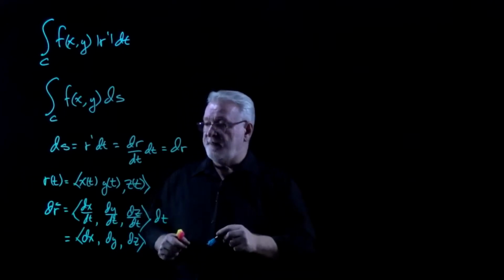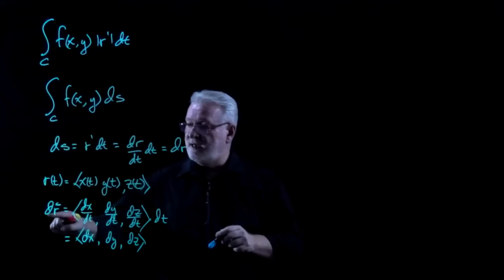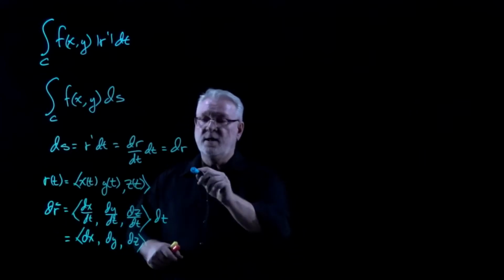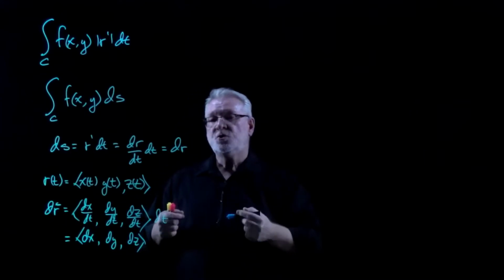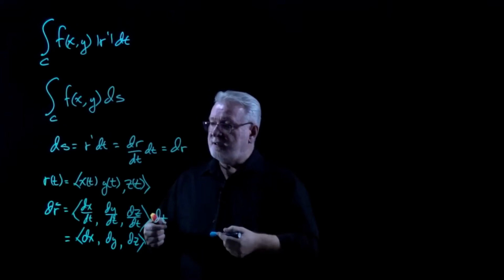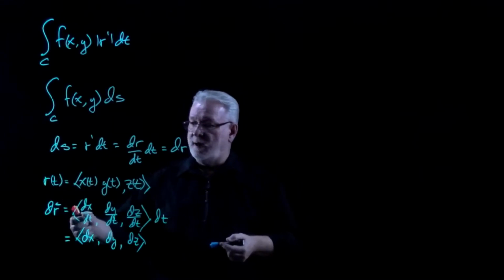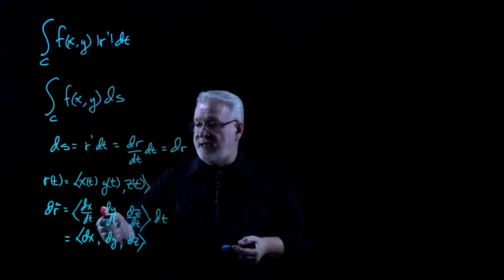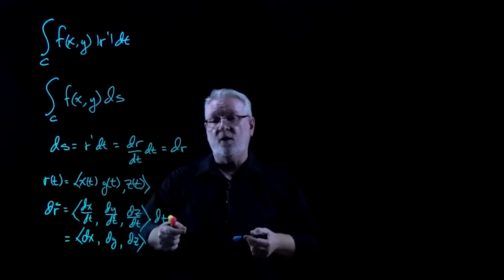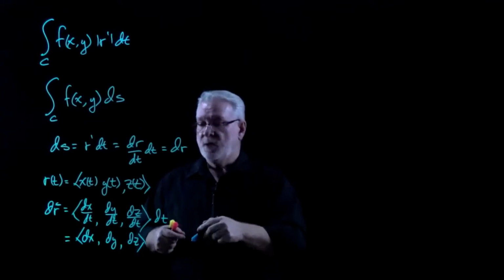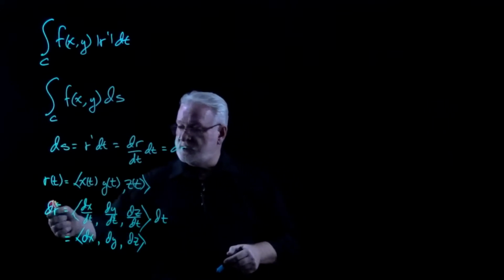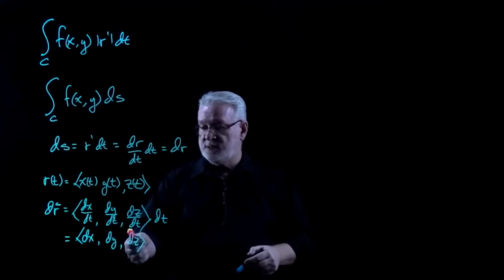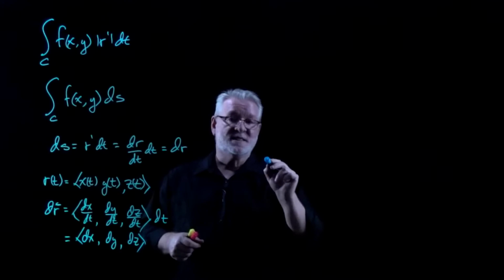We'll see more on this in a little bit, but basically if I integrated along dr, I have two choices. I can either integrate along dr by utilizing these as its components and integrating with respect to t, or instead I can use dr as these components and then integrate with respect to space.